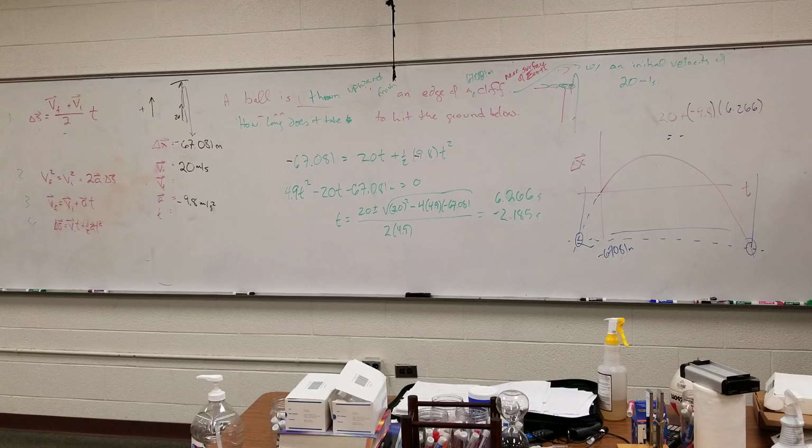But I still don't get why the displacement would be negative. It says you throw it from a cliff that's 67.081 meters high, so wouldn't that be positive? Where does the ball end up? At the end of the problem, where is the ball?